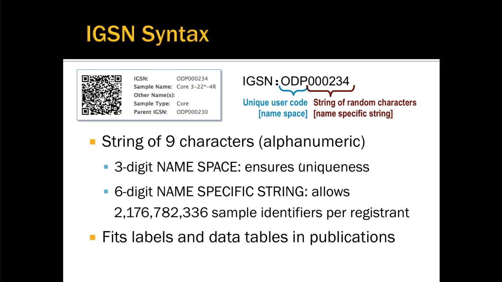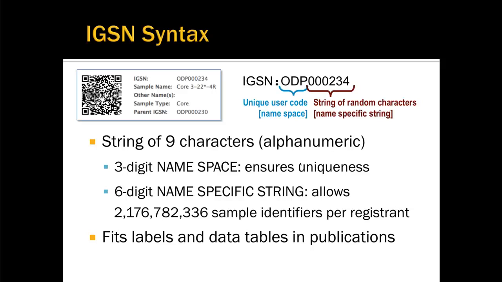There could be other syntaxes allowed, but for now, the IGSN is a 9-character string, which is composed of a namespace, a unique user code that is a 3-digit string, and a 6-digit string, the so-called name-specific string, that is alphanumeric and allows within each namespace more than 2 billion different identifiers.